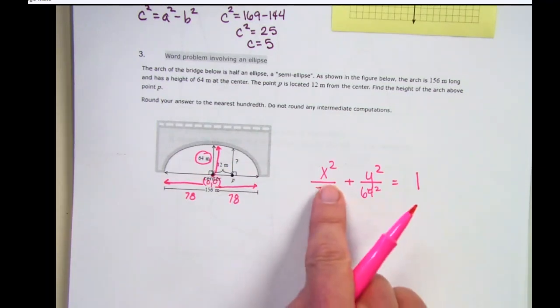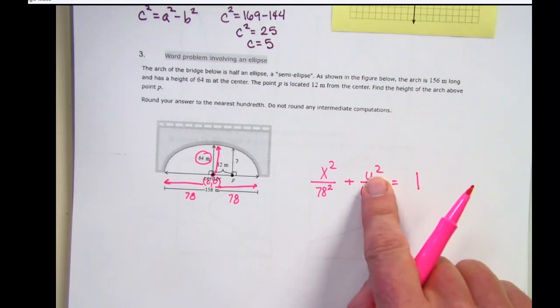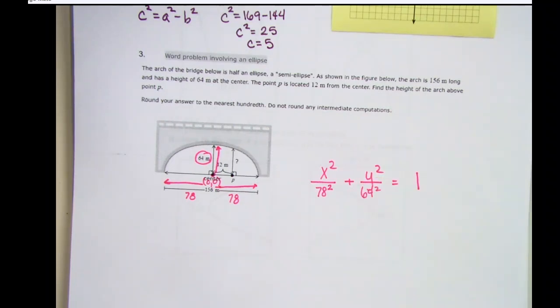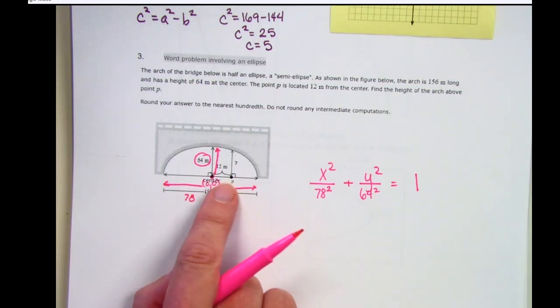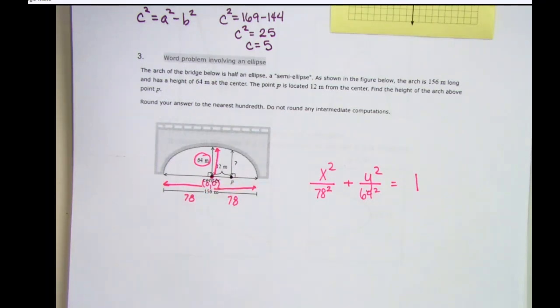So could I substitute in 12 and figure out what the y is? Once you have your equation, that's half the battle. So depending on your question, watch out. They might want to know the height, or they might want to know the distance over. Pay attention to whether you're substituting in for x or y.